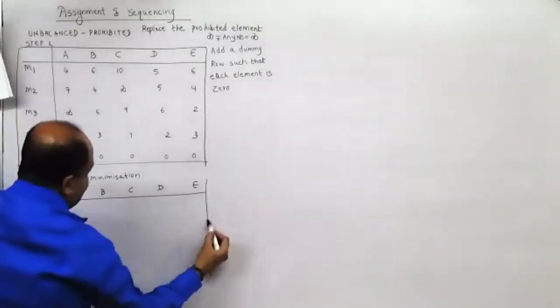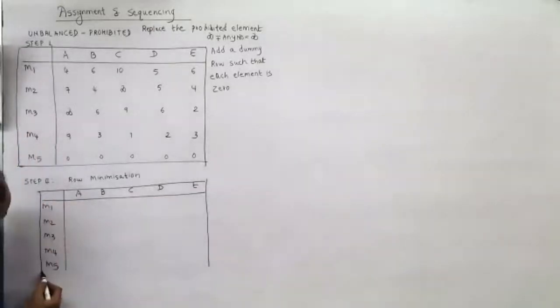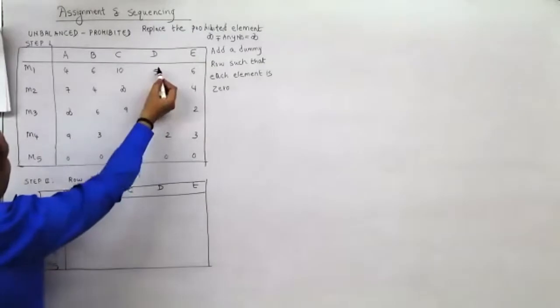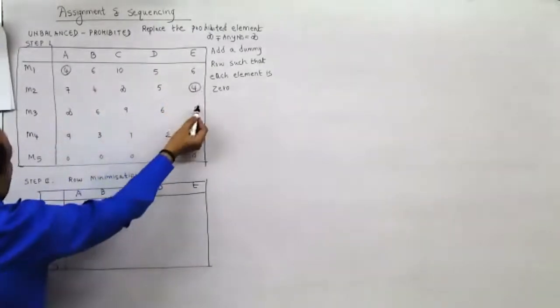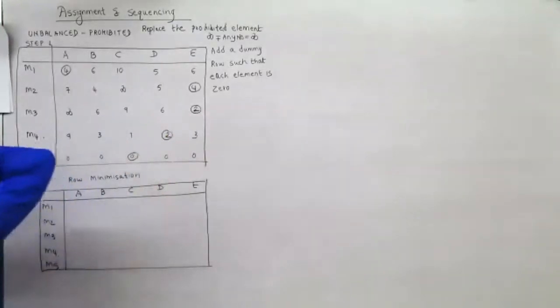Just write one sentence that the minimum element has to be subtracted from each and every element of the rows. So here 4 is the minimum element, here 4 is the minimum element, 2 is the minimum element, then 2 is the minimum element, and 0 is the other minimum element.